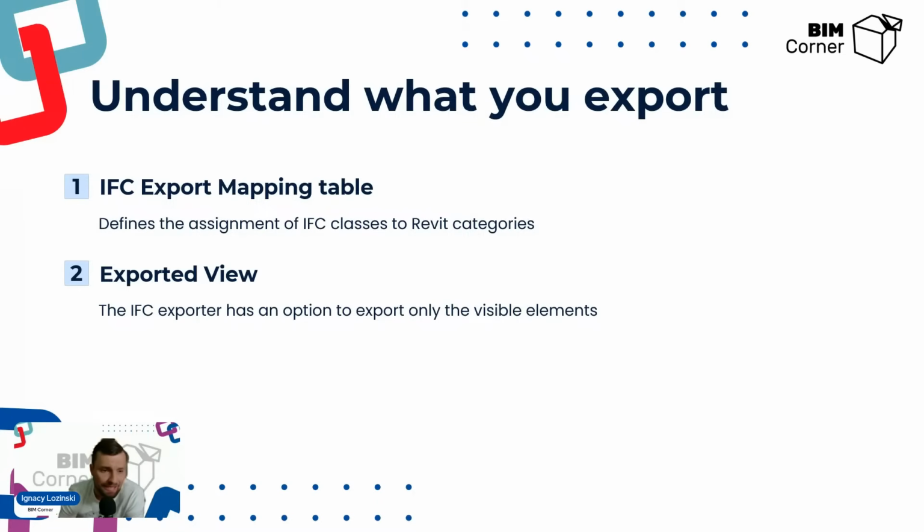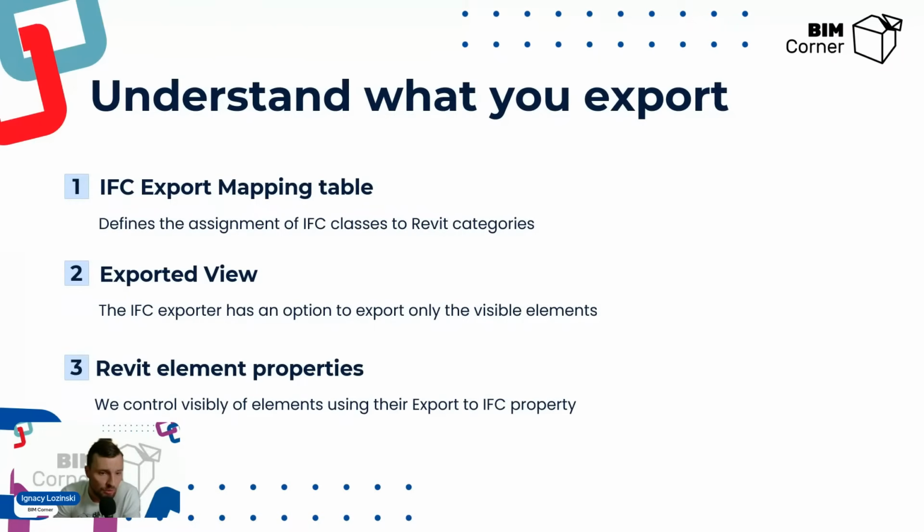Secondly, we can create a dedicated view to export only the elements that we need. We can use filters, phases, and visibility graphics overrides to control what we see in the view. The third option is to exclude specific elements using the export to IFC option. We are going to dive into each of these points in detail.